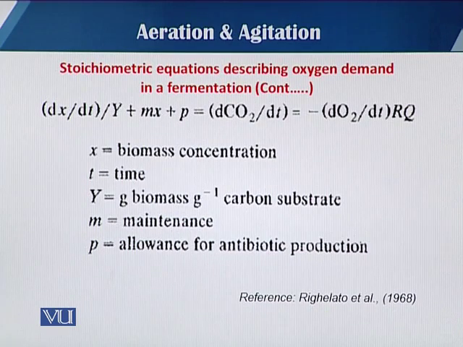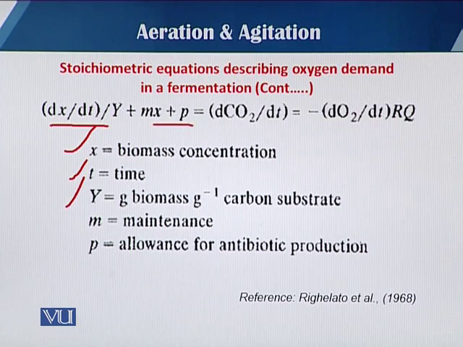Here you can see an equation reported by Lato et al. 1968. According to them, dX over dt, that is the change in cell mass over time, divided by the yield Y, where X is the biomass concentration, t is the time, and Y is the gram of biomass per gram of carbon substrate utilized, plus mX, where m is the maintenance, and p is the allowance for antibiotic production.